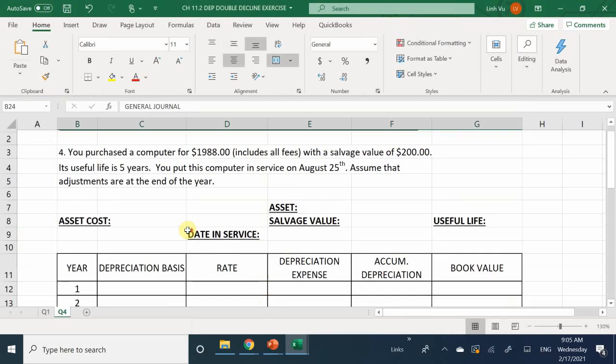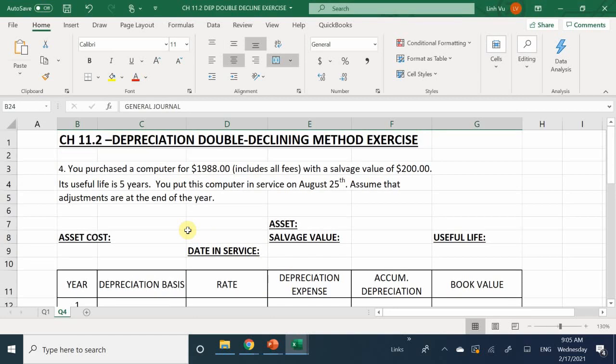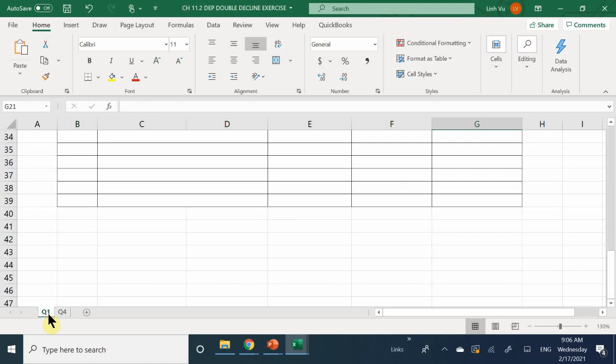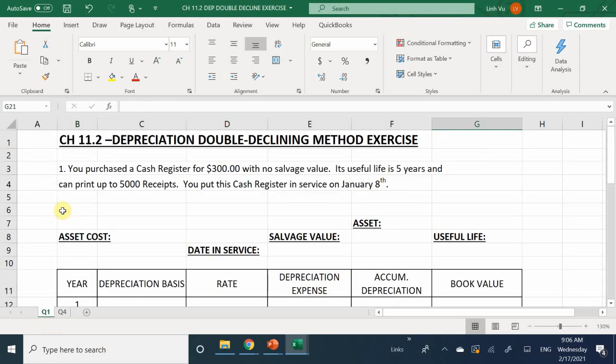So 11.2 exercises. Let me make sure I'm on question number 1. There you go. Question number 1. All right. You purchased a cash register for $300, with no salvage value.